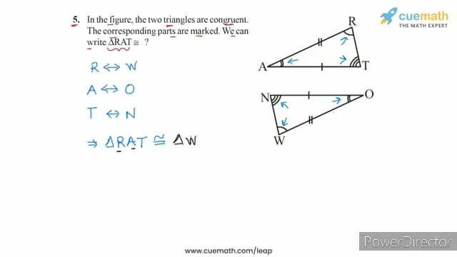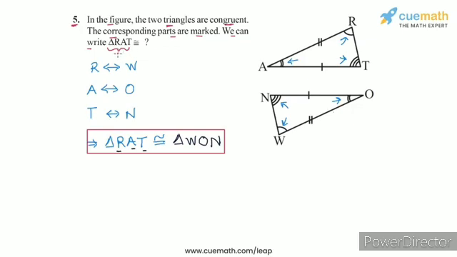Then A corresponds to O, so we write O next. And then T corresponds to N, so we write N. So triangle RAT is congruent to triangle WON. And this is how you can complete the congruence relation in the question.